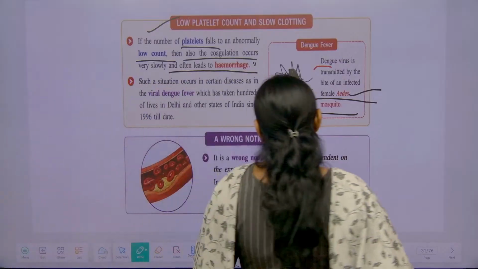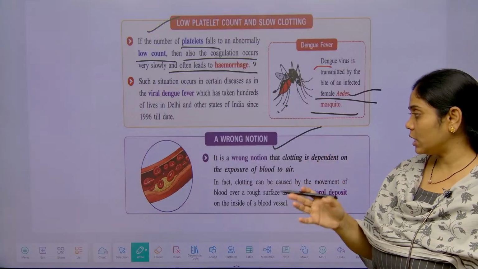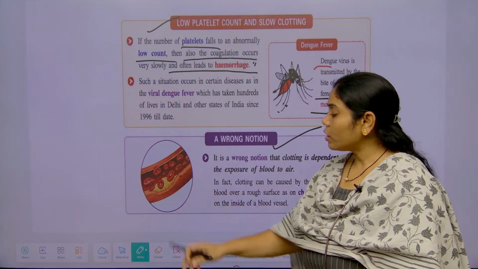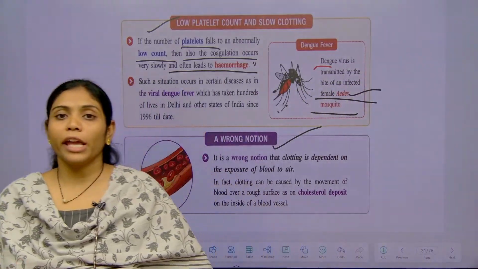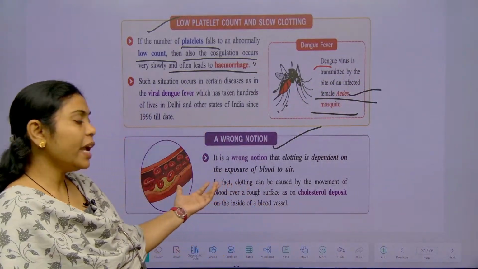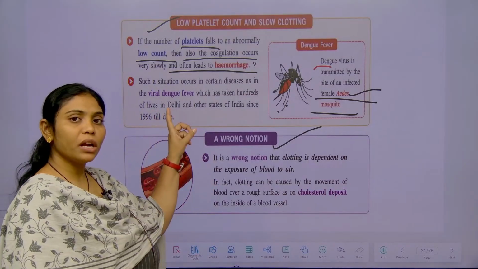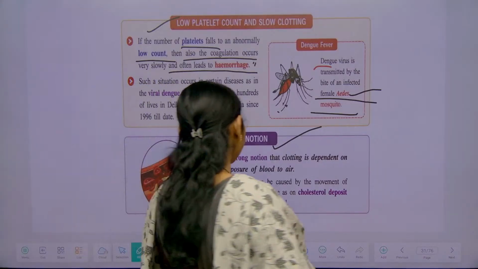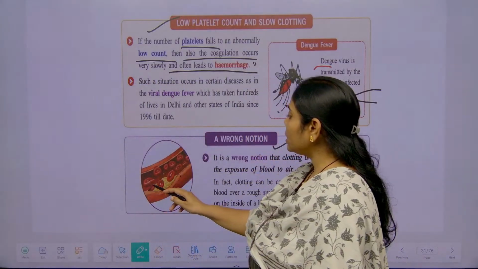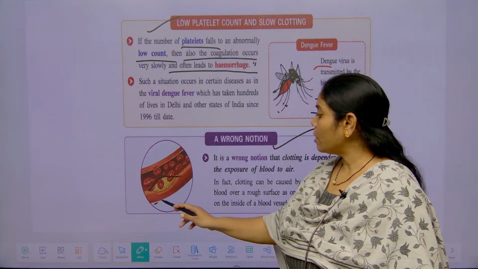Clear, students? And there is one wrong notion, a misconception. That is, that a blood clot is formed when our wounds are exposed to the air. No, it is not at all correct. The clot is formed because of the fibrin. At the same time, sometimes clots also form inside the blood vessels. See here, this is a normal blood vessel.